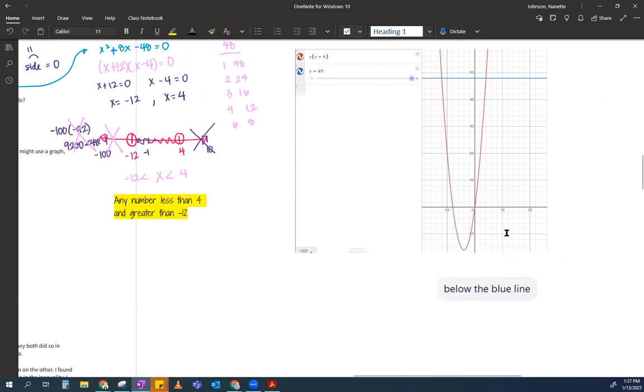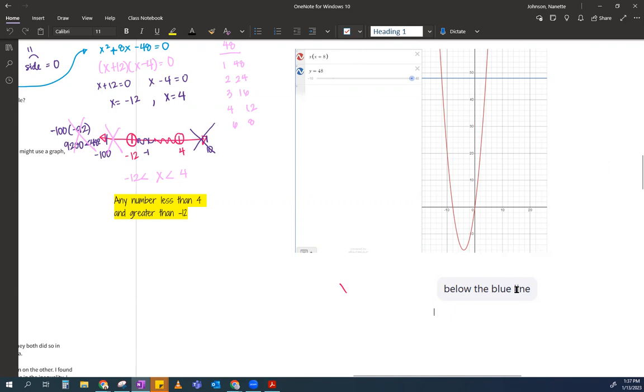When I'm trying to solve the inequality x times x plus 8 is less than 48, I'm looking on this graph for when the red parabola is below the blue line.